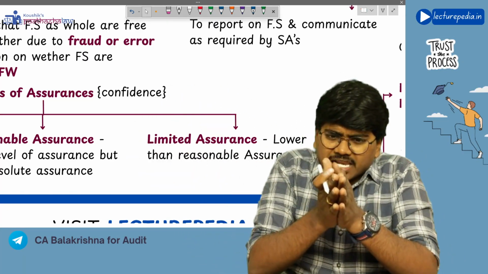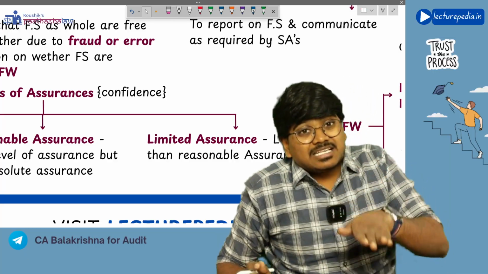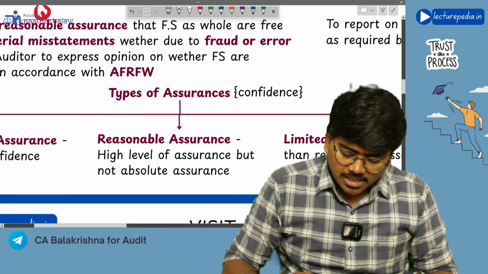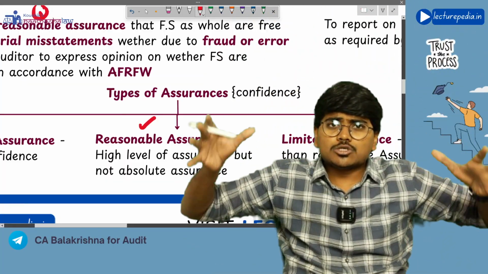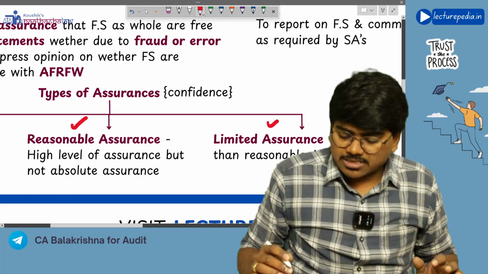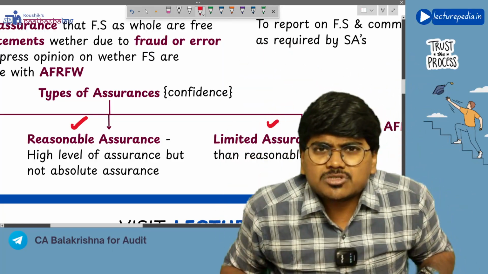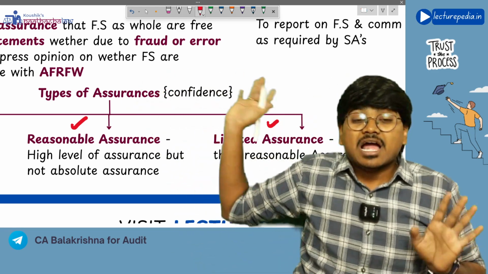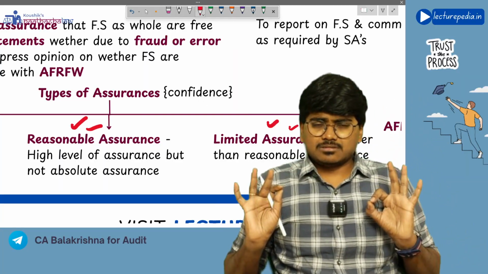The level of assurance in limited assurance is lesser than reasonable assurance. For obtaining reasonable assurance, the auditor will perform almost all the audit procedures. Whereas in case of limited assurance, since he has to obtain only some assurance, he will not perform all the audit procedures. He will only perform some of the audit procedures that are sufficient for obtaining limited assurance. That is the difference between reasonable assurance and limited assurance.